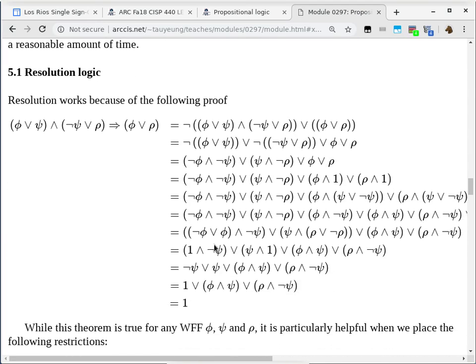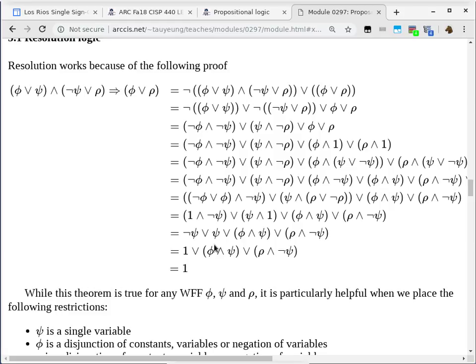Resolution depends on this weird proof. Okay, now we know this is a proof because in the end it is true. It is basically saying this statement is always true regardless of what phi, psi, or rho are.